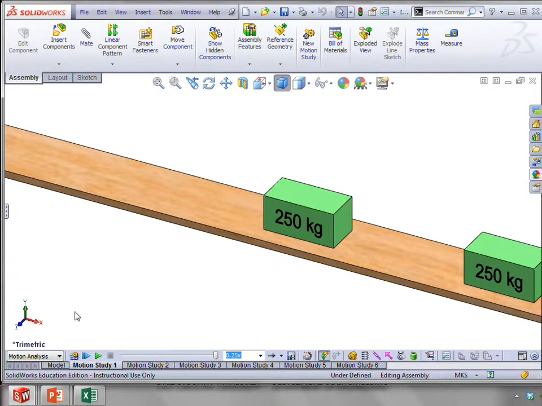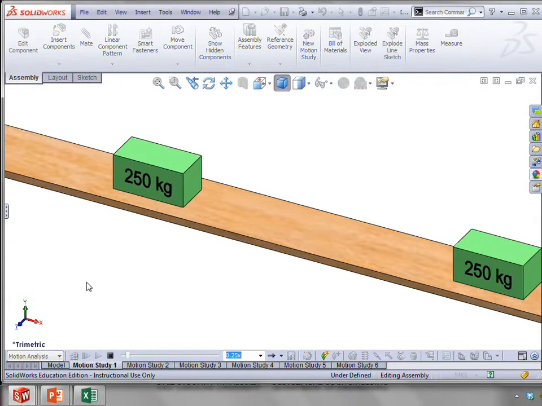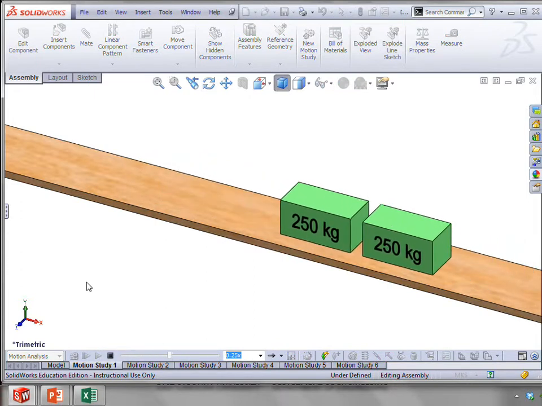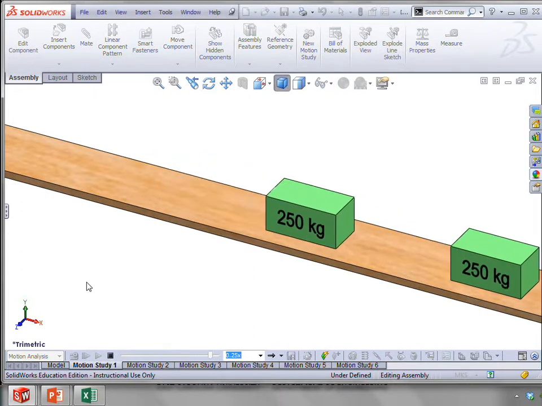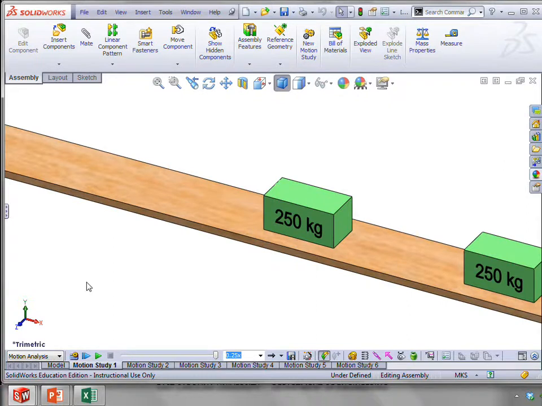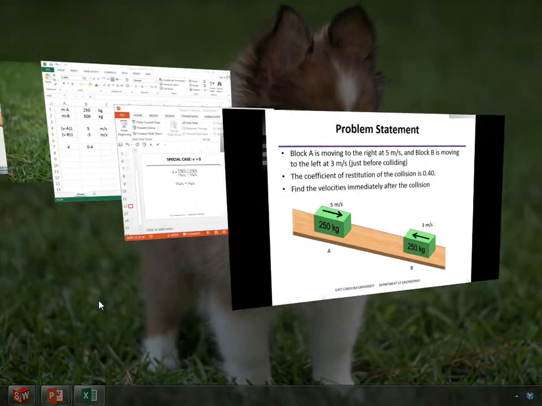It actually moves back to the left at a low velocity, and block B moves to the right after the collision at a velocity much greater than the magnitude of the final velocity of block A. So block A has a small magnitude of velocity and direction to the left. Block B has a larger magnitude of velocity and direction to the right. So let's see if our calculations will confirm that.